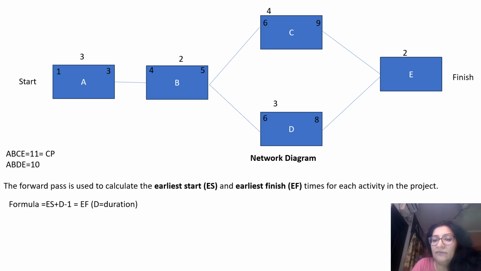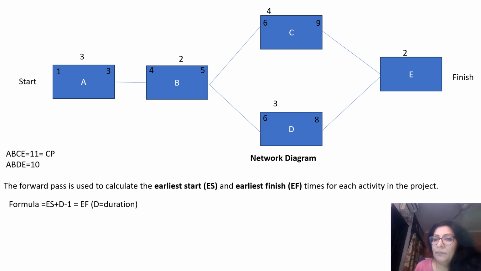See, activities D and C both have the dependency of B, and now E has dependency on C and D. So if you take the start date as 8, that would not be valid because activity E still has to wait for one more day for activity C to get completed.